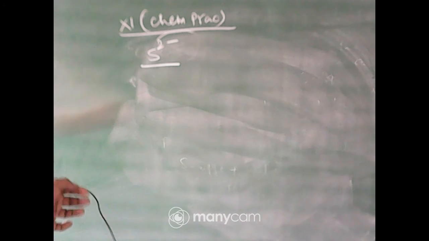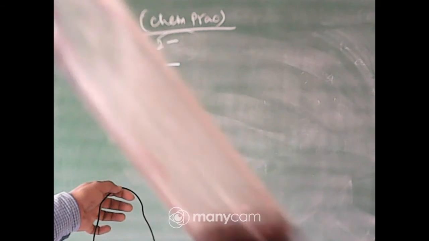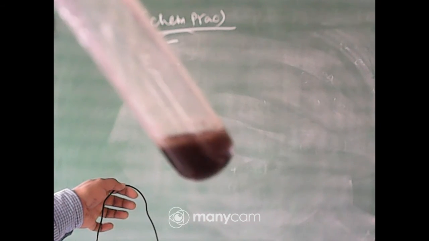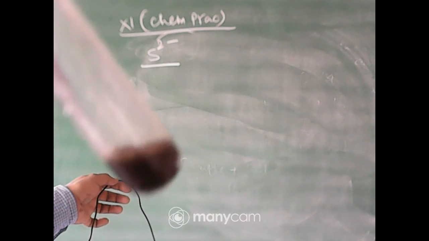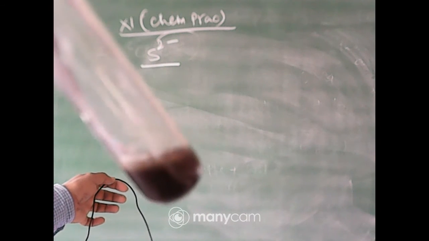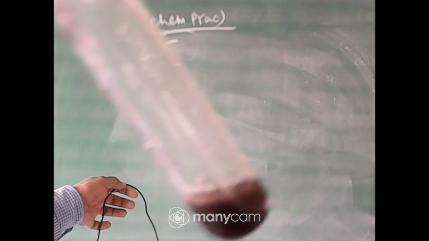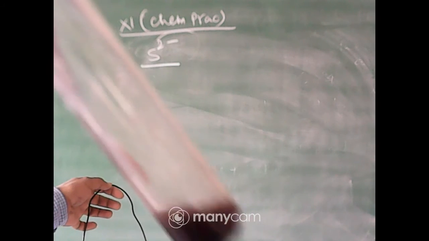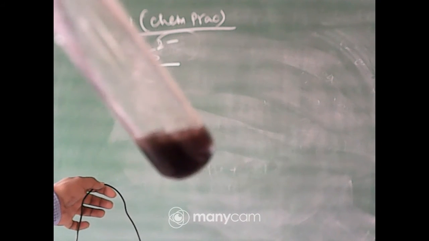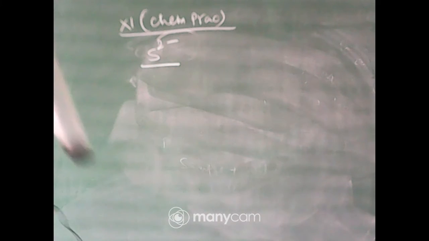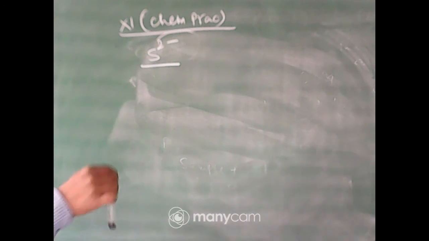Just look at this. A black PPT. Can you see it? A black PPT is formed. This is the confirmative test for sulphide. Okay, the black PPT is here. This is the test for sulphide.